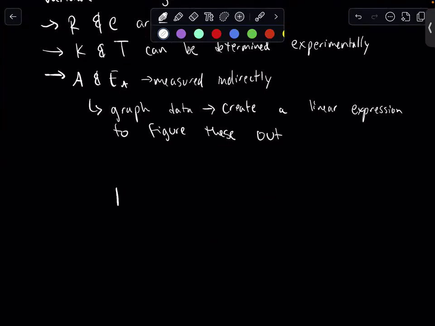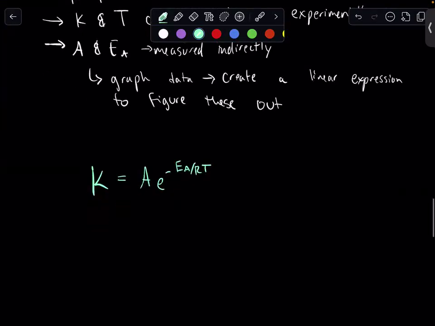So we will start with our Arrhenius equation, and I'll swap colors for this part. So K is equal to our Arrhenius factor times Euler's number raised to the negative activation energy divided by RT. Now, because we have Euler's number, we can usually assume the first thing that we're going to do is take the natural logarithm of both sides, which we do. So ln of K is equal to ln of A e to the negative EA over RT.